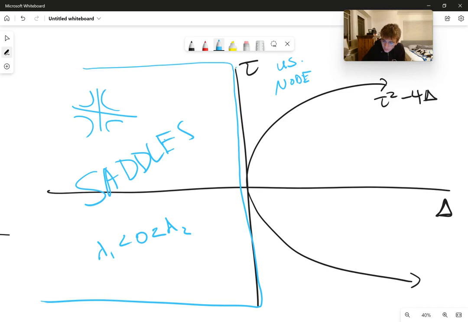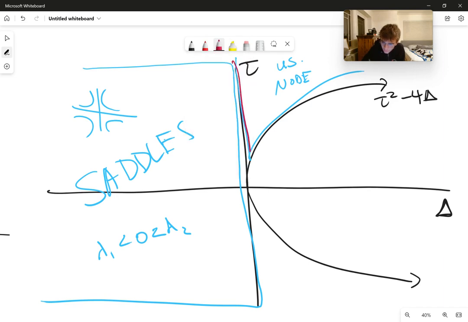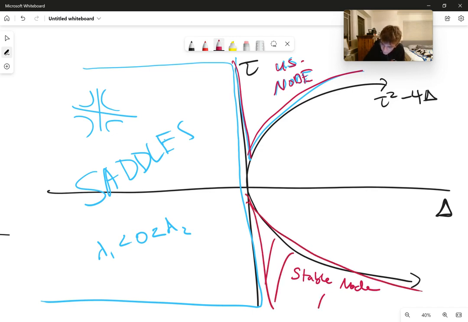Okay, so this is this region here, and I'll try to change colors so it makes it even more clear. Unstable node here. And then down here I'm going to have my stable node. I'll denote the unstable with little x's here.